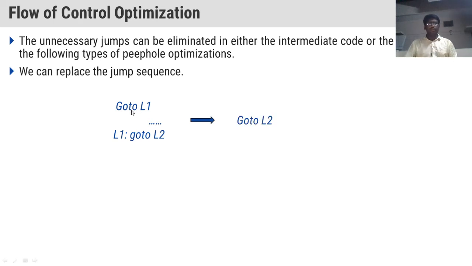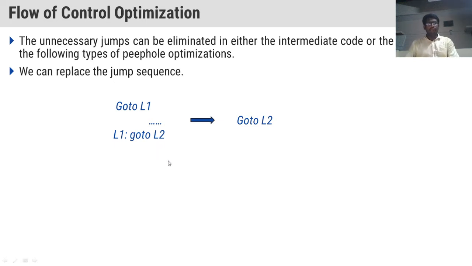L1 means line 1 only. When I go to line 1, there is go to line 2, so it is an unnecessary jump. Eliminating unnecessary jumps is called flow of control optimization.